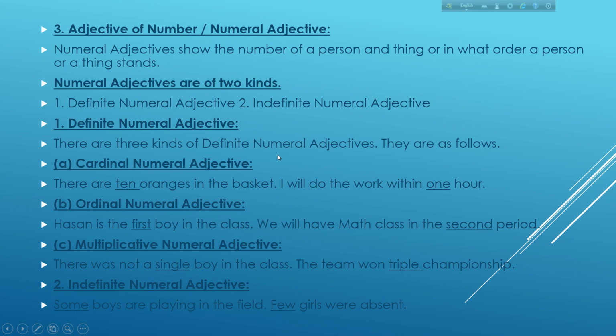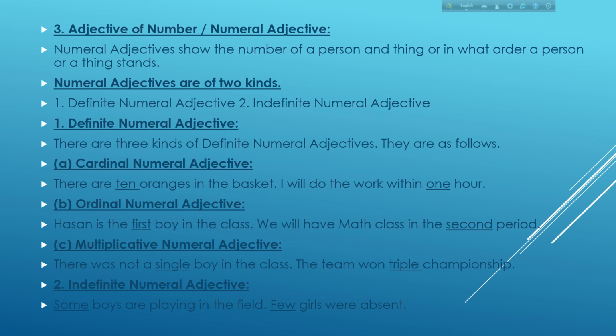Numeral adjectives show the number of a person or thing, or in what order a person or a thing stands. Numeral adjectives are of two kinds, that is definite numeral and indefinite numeral. And definite numerals have three types: cardinal numeral, ordinal numeral, and multiplicative numeral.